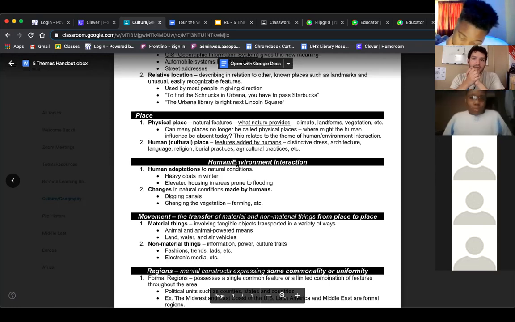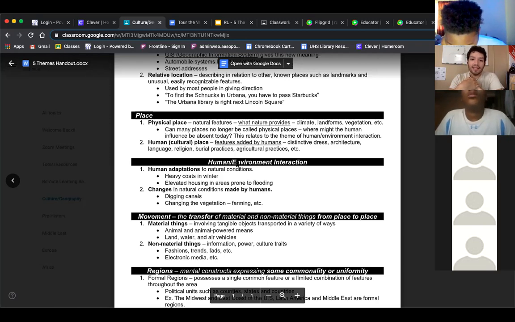For place, we're talking about either physical or human place. There's two kinds. And just like everything in most of this unit, if you know one, you're going to know the other. Physical place is anything that is nature, anything that we as humans, as a species, did not create.